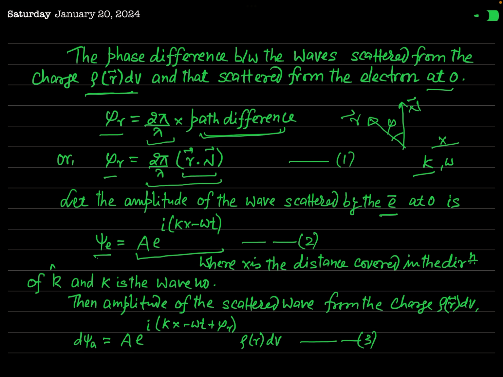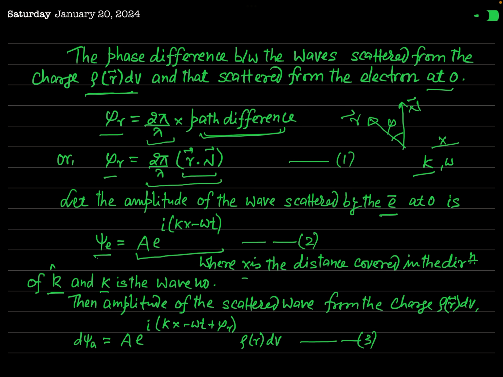So this equation represents the amplitude of the X-ray scattered from the electron situated at the origin O. And as I have told you, x is the distance covered in the direction of this scattered unit direction, and k is the wave number, or you can say k is actually the magnitude of the wave vector.